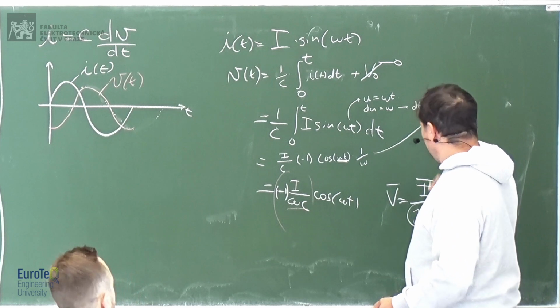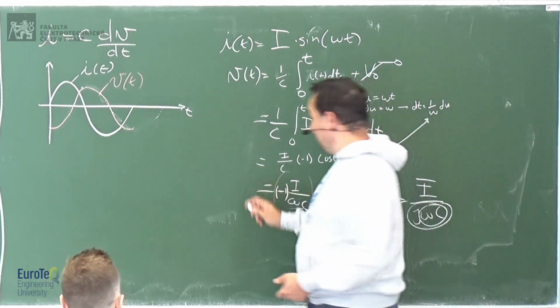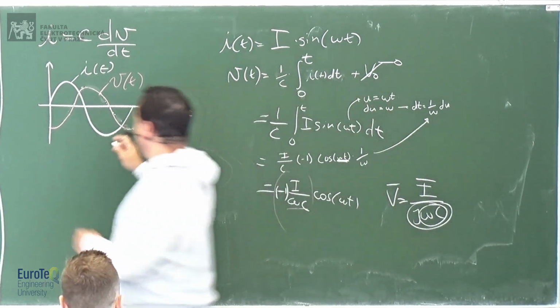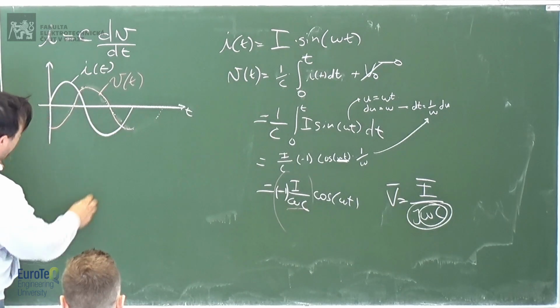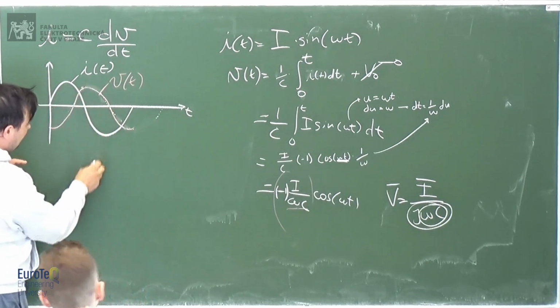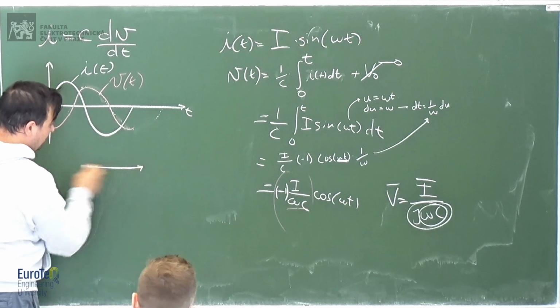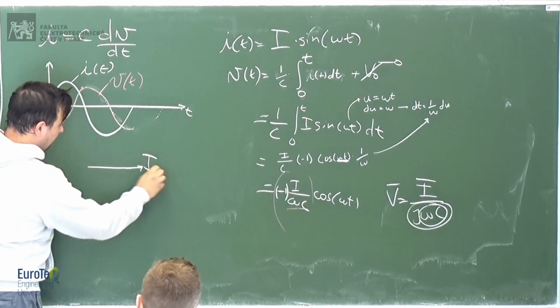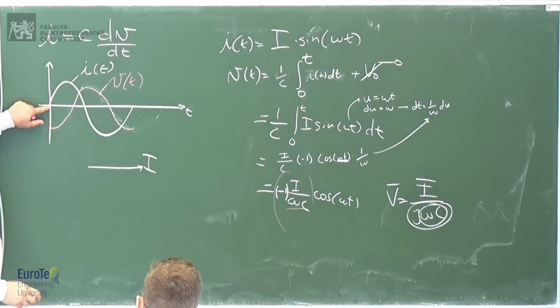So you know that if you go to phasors, what happens? Here it's lagging. Current, which is horizontal, because at time 0 the amplitude is 0.